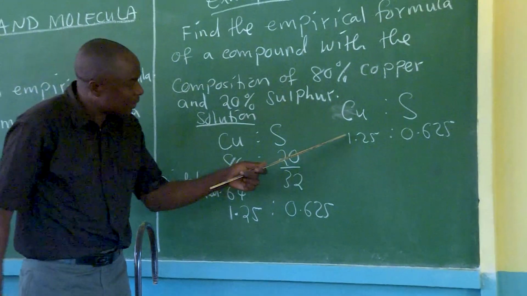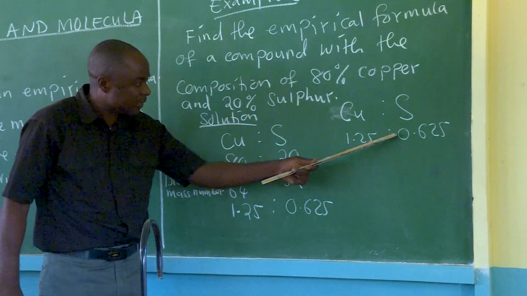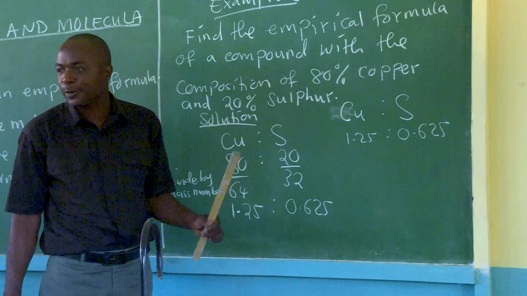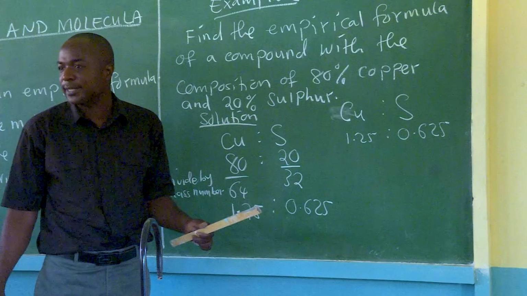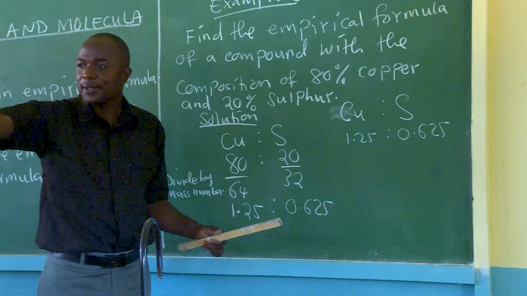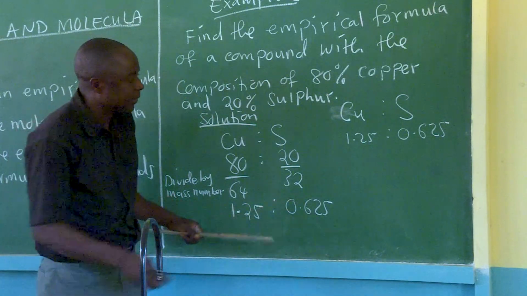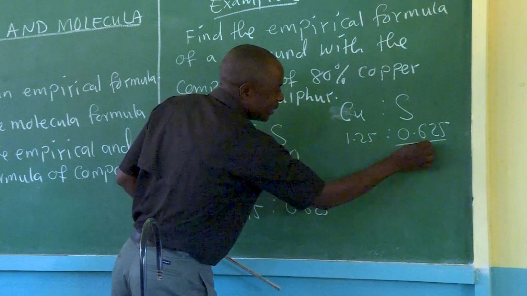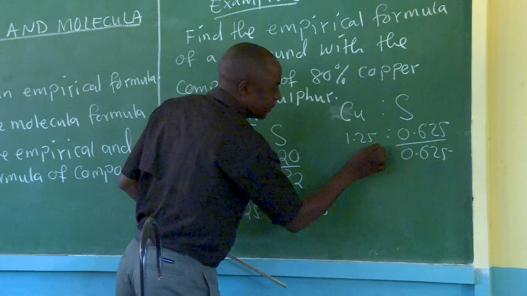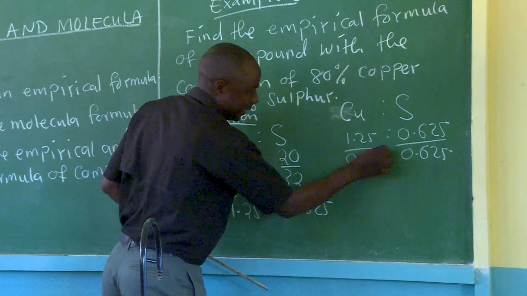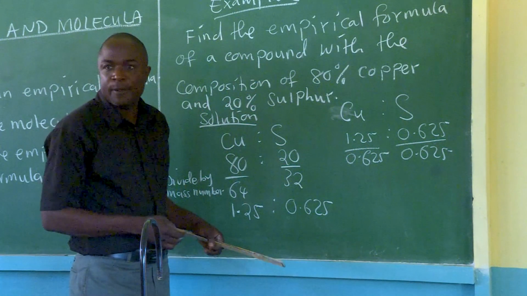So between 1.25 and 0.625, which one is the smallest? Yes, 0.625. So you divide by 0.625. Are we clear? Yes.